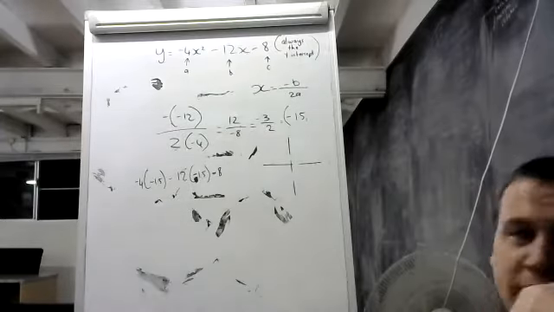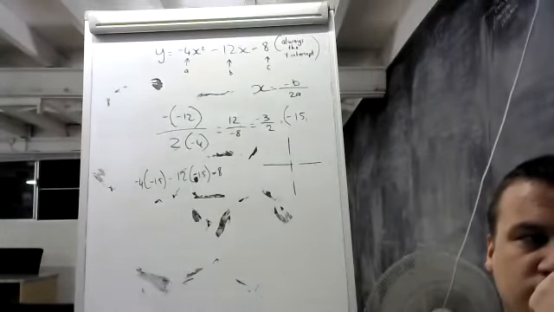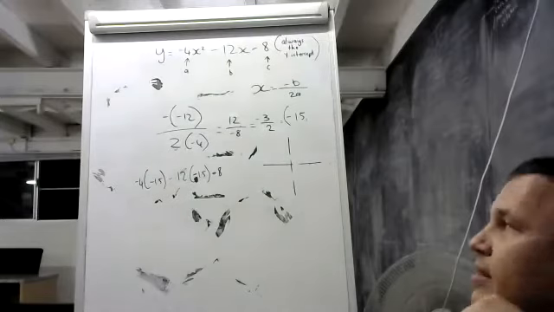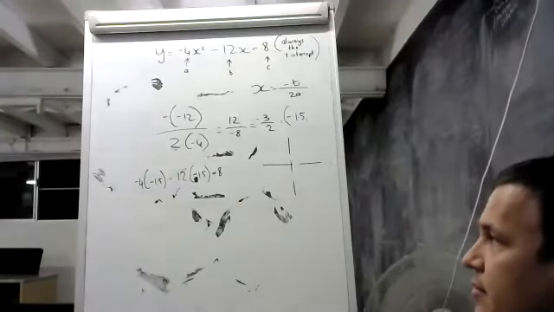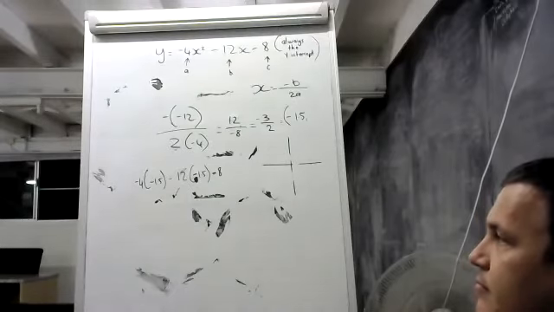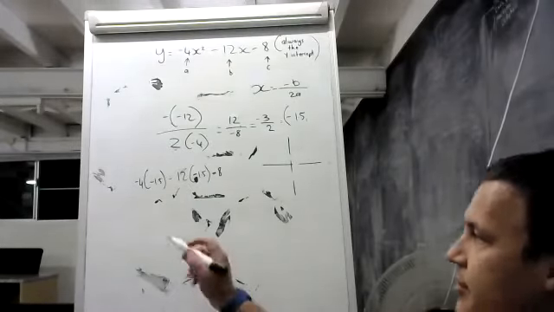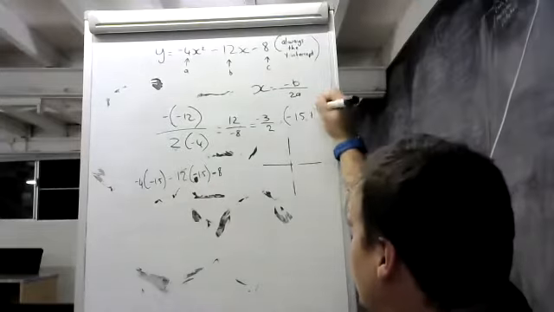I'll put 1.5. You can put 3 over 2. So that should give us y equals 1.